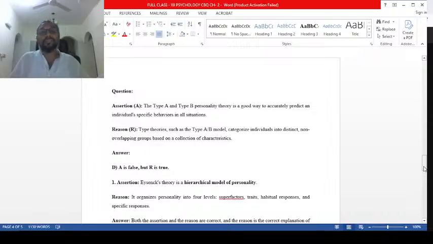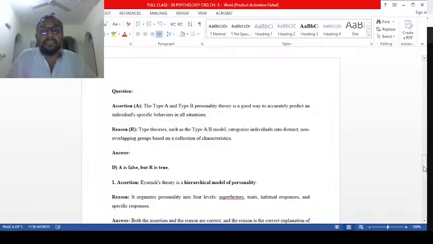No, it is wrong. Why is it wrong? The Type A and Type B personality theory is not basically to predict an individual's specific behaviors in all situations. It is not possible. Reason: type theories such as the Type A, B model categorize individuals into distinct non-overlapping groups based on a collection of characteristics. Very true. The reason is true.